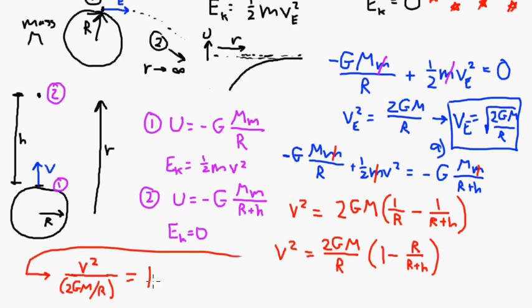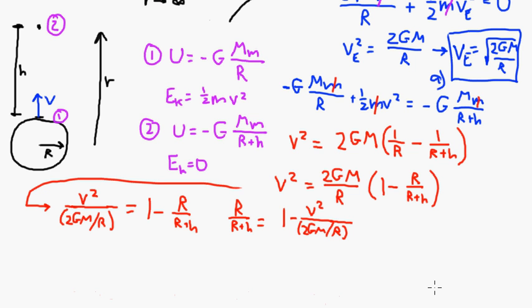So then big R over big R plus h equals 1 minus v squared over 2GM over R. And I'm just going to skip ahead to part C here. What you'll notice is we calculated our escape speed up here. Escape speed squared is 2GM divided by R, which is this term here.